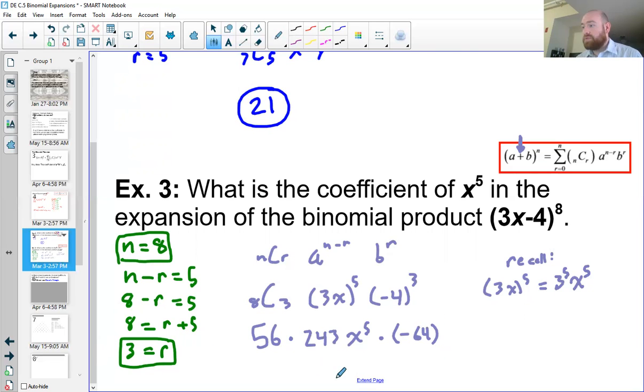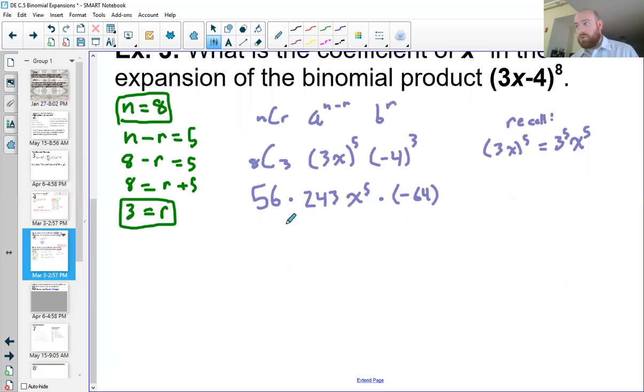So now I get to use my calculator, because I don't want to multiply these numbers. Do 56 times 243 times negative 64. And the number I get is negative 15,496 all times x to the 5th.